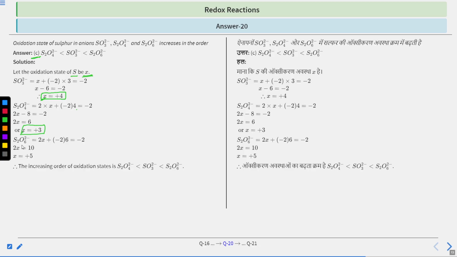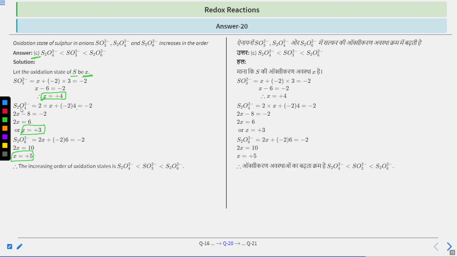Now in the last anion, S2O6 2-, 2X for the sulfur plus -2 times 6 for oxygen equals -2, as the overall charge is -2. Let's solve it for X. So 2X equals 10, X equals +5.